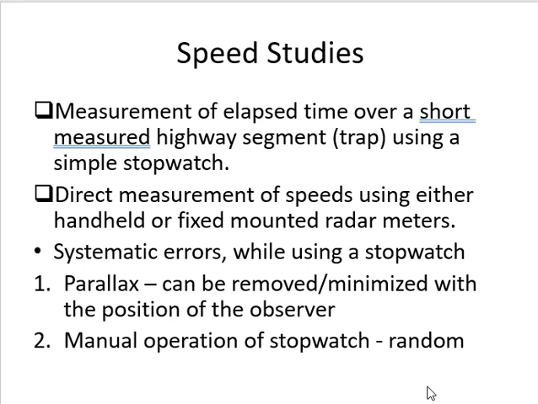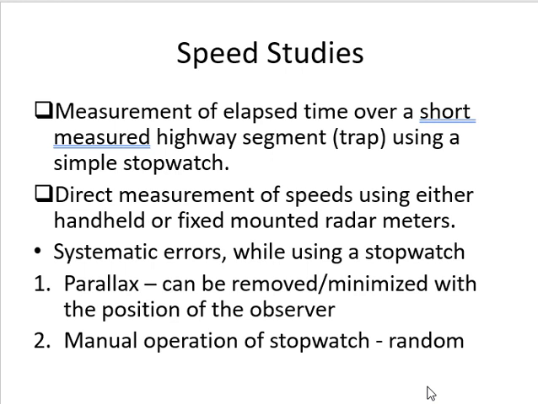Mistakes. Any other name? Mistake is not considered a type of error. Mistake is something else. Random error. Yes. So there are systematic errors and there are random errors.